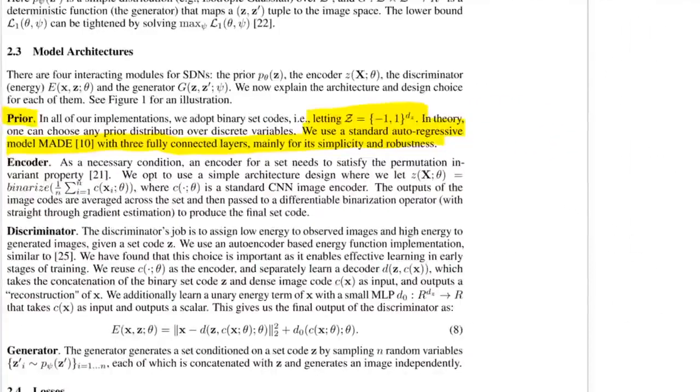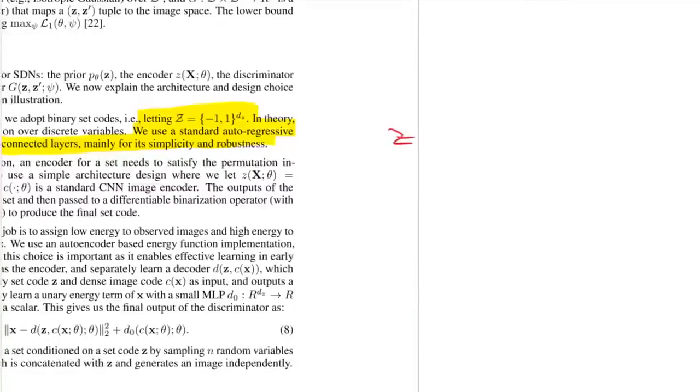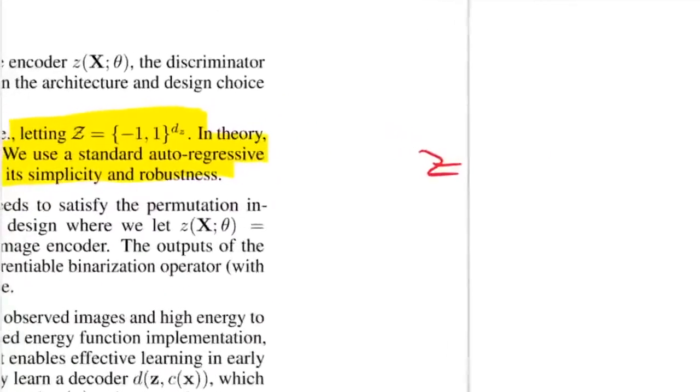In a GAN, you have the Z vectors always being sampled from some standard noise. But what you can also do is learn a better noise distribution, a better input distribution for your GAN, by basically making a GAN for your input distribution.